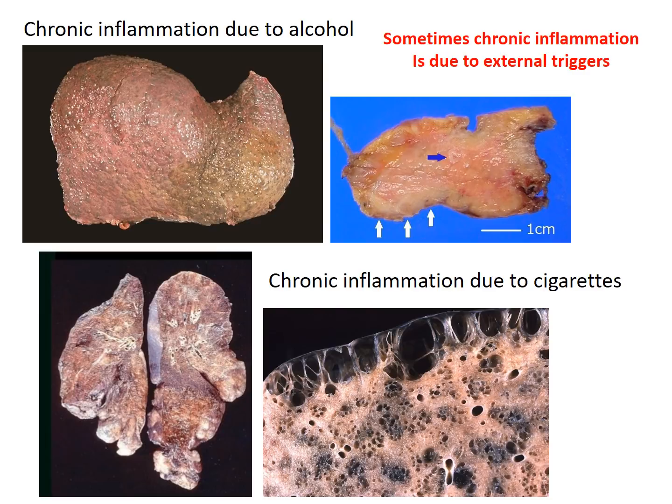Bottom slide, COPD, chronic obstructive pulmonary disease, showing you chronic inflammation leading to fibrosis and destruction of the lung due to cigarette smoke and the toxins in cigarette smoke. And trust me, because alcohol and cigarettes play such a huge role in human disease, we will definitely in this course talk about alcohol and cigarettes when we get into some of the specific units.